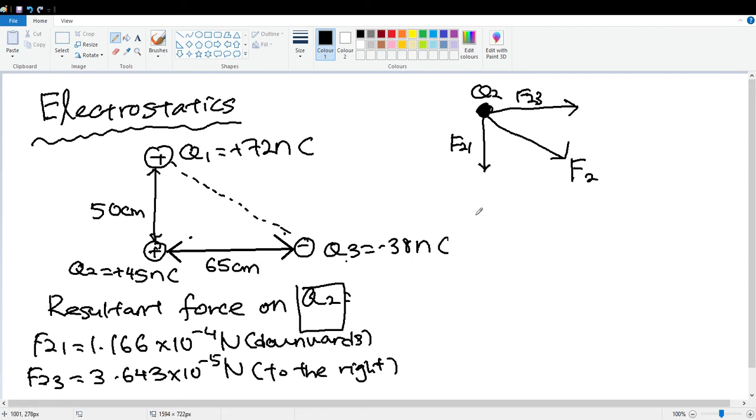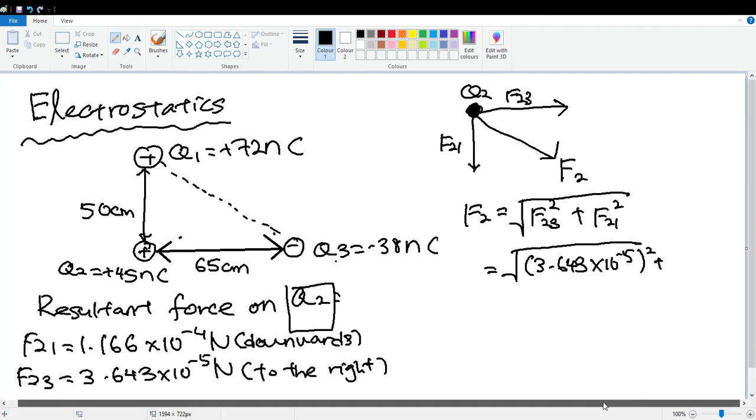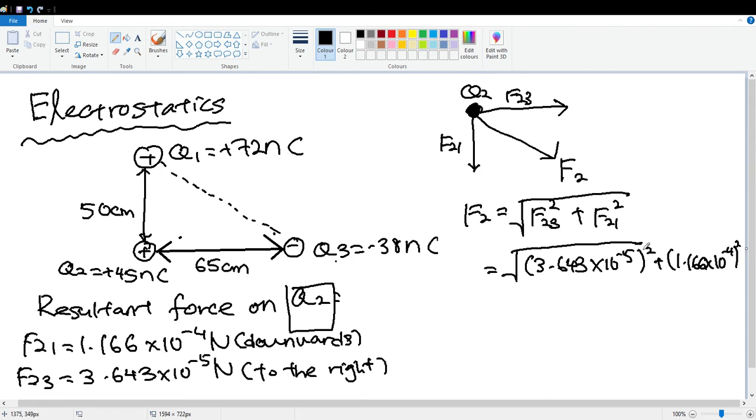So I can conclude that my F2 is equal to the square root of F23 squared plus F21 squared. So what will be my F23? 3.643 times 10 to the power negative 5, squared, plus F21, 1.166 times 10 to the power negative 4, squared.